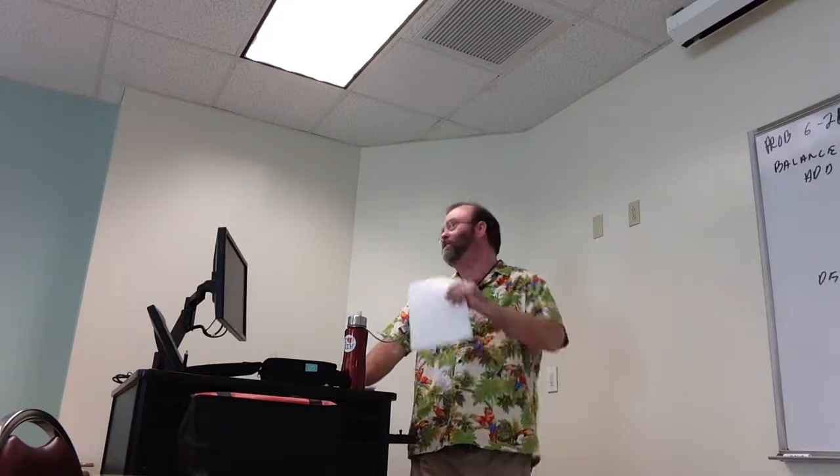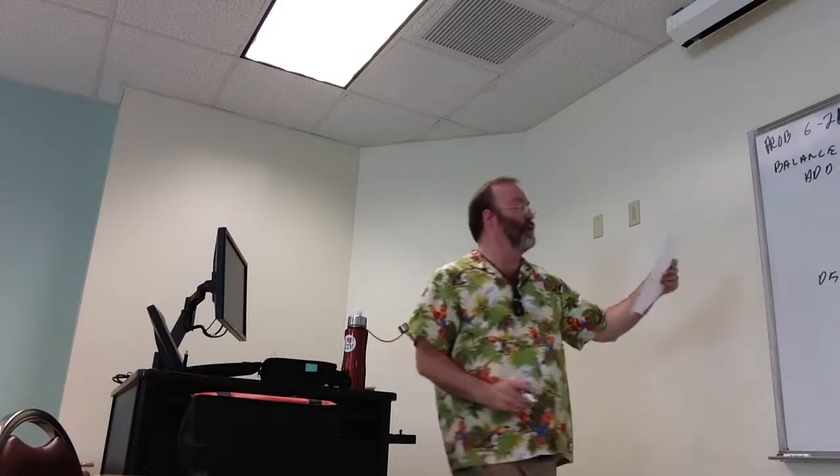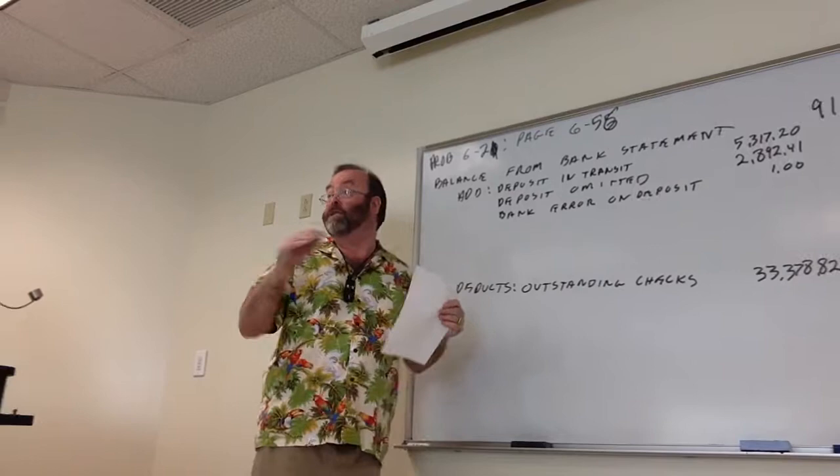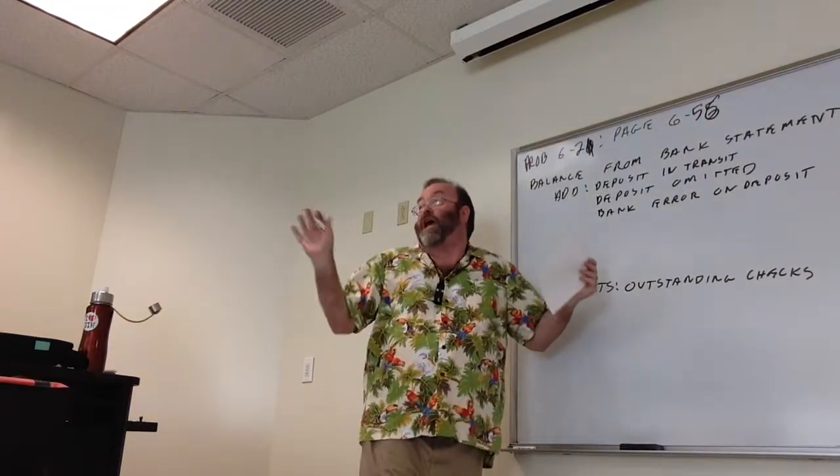Number 10 is my favorite. Check number 3917 of Trait Manufacturing Company. We're Train Company. So this is a completely different company. Their check got charged to our bank account. So it needs to be added back to the bank because it's not your check.